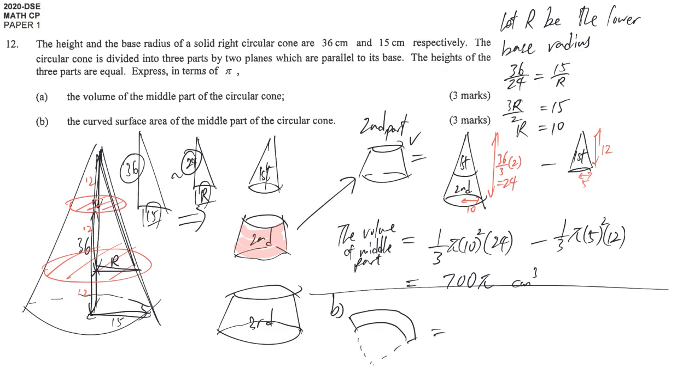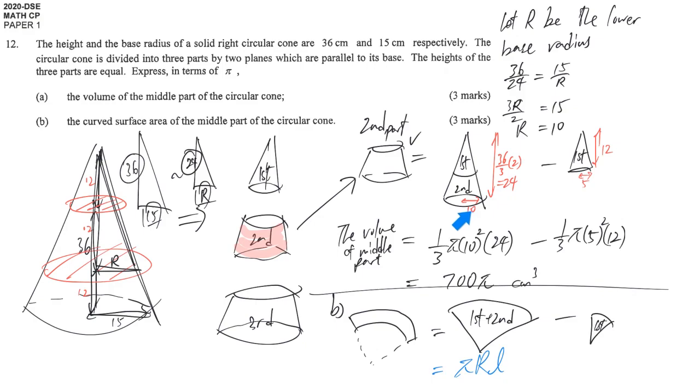And obviously it comes from the curved surface area of the first and second parts together: the curved surface area of this cone, and then subtract the curved surface area of the smallest cone. The curved surface area is pi R L by the formula.